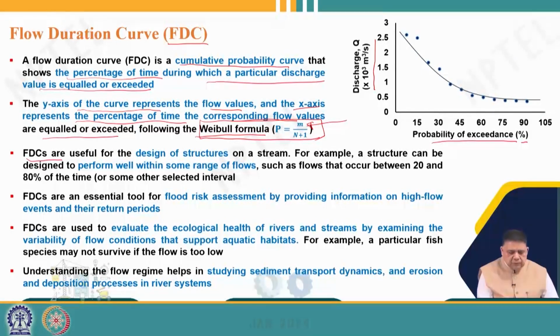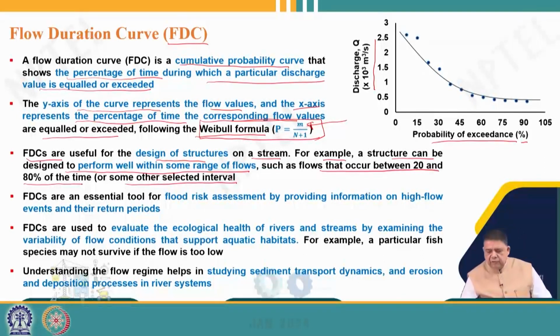FDCs are useful for design of structures on a stream. So, obviously, this curve is plotted using stream data. For example, a structure can be designed to perform well within some range of flows, such as flows that occur between 20 and 80% of time or some other selected interval.